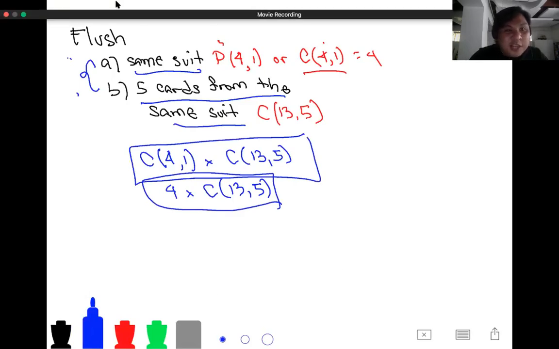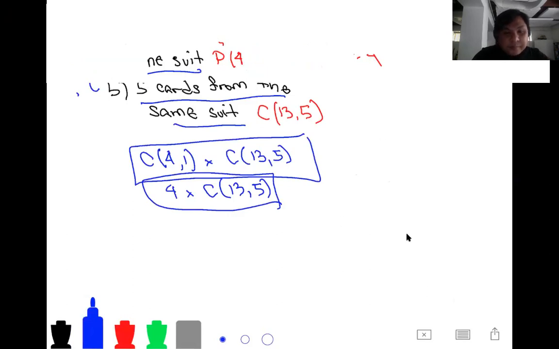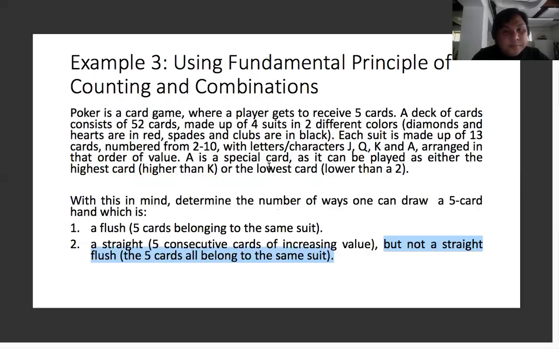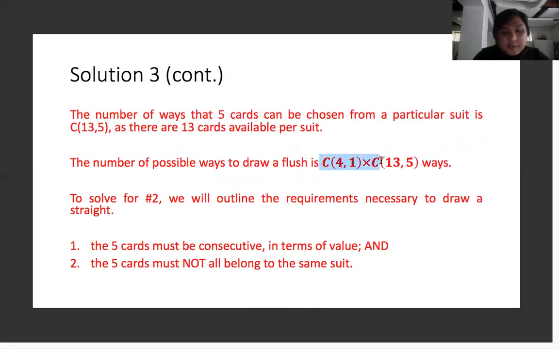Let's go back to our example. There we go. C of 4 taken 1 times C of 13 taken 5.